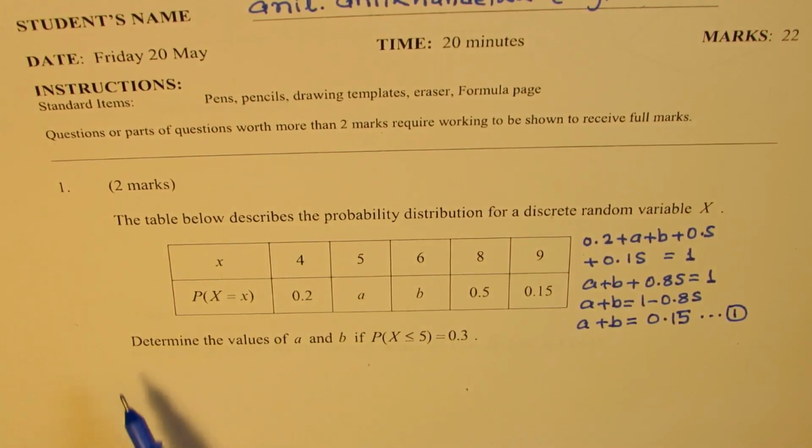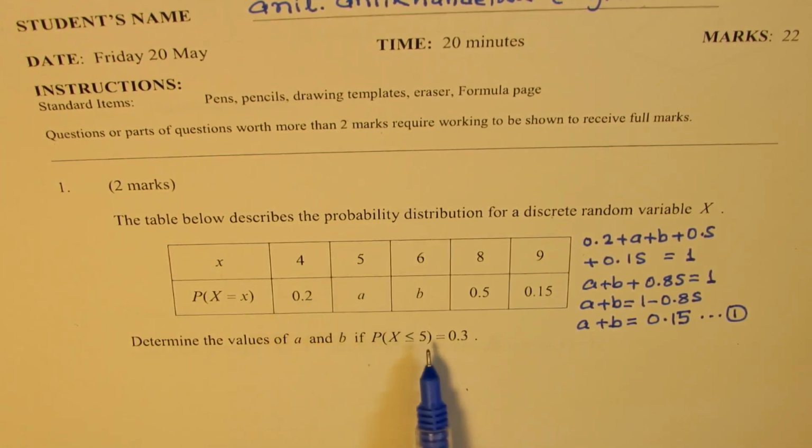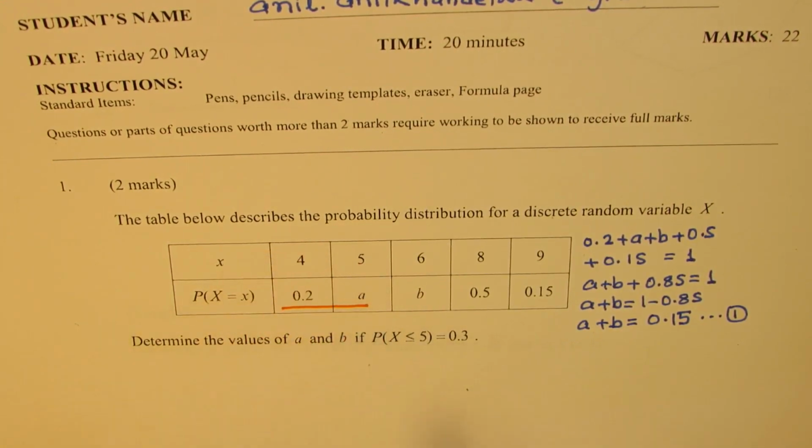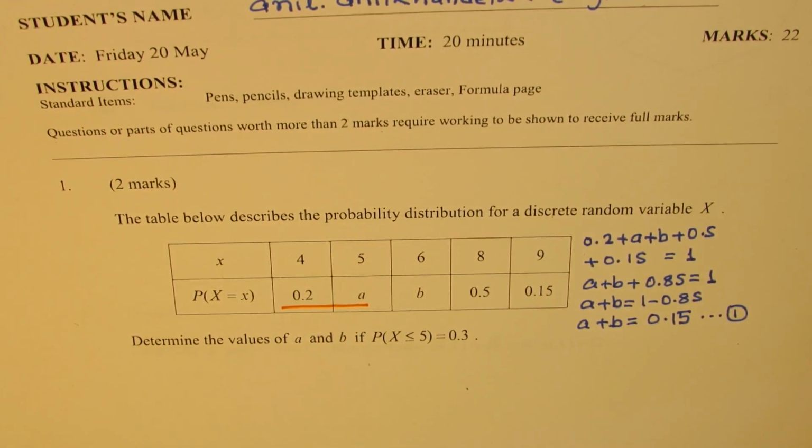Now, how do we get another equation? We are given this condition that the probability for the random variable x to be less than or equal to 5 is 0.3. That is to say, this probability is 0.3, correct?